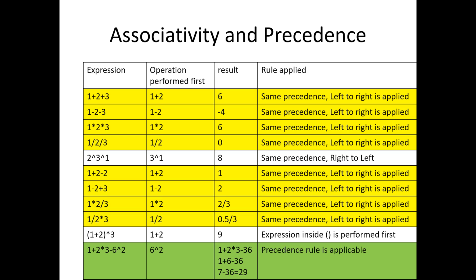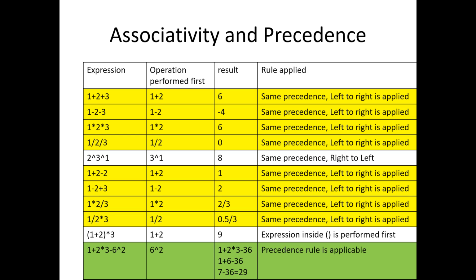When precedence is the same, we have to consider the associativity, which side you have to start from, the left side or the right side. In this case, it is from left to right. In the next example, I am performing subtraction. 2 is subtracted from 1, the leftmost operation, which is performed first, 1 minus 2.